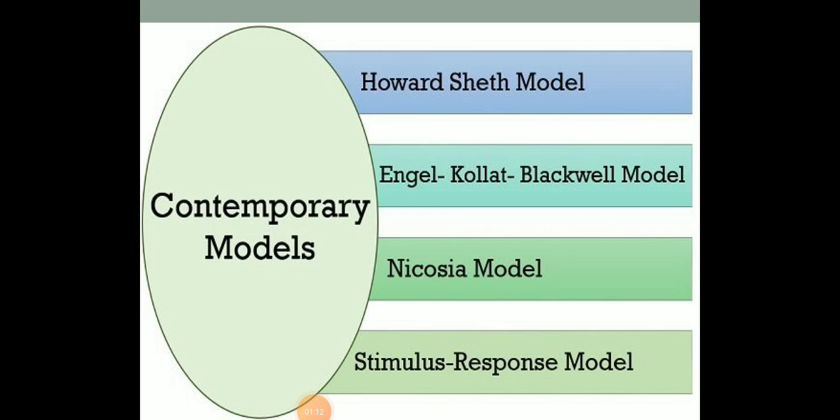This Howard Sheth model is positioned on four different variables, that is input, output variables, hypothetical constructs, and the last is exogenous variables. Now let us see the first, input variables.